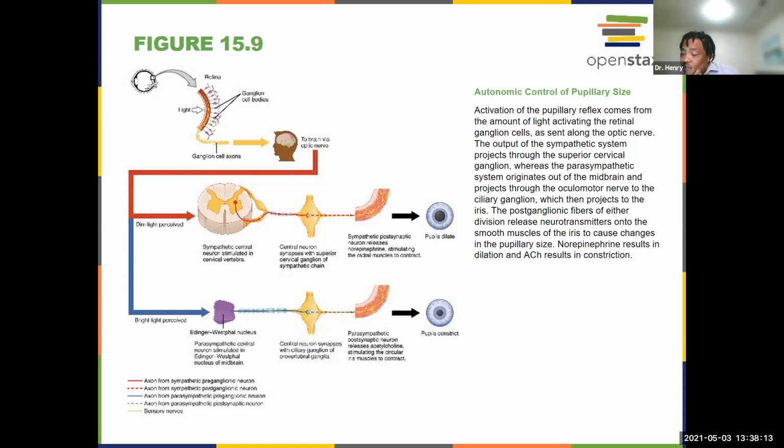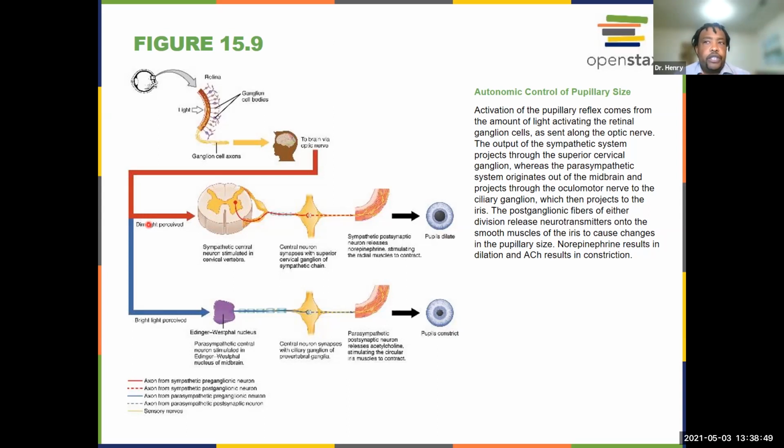Okay. So an example is the control over pupillary size. If we are receiving light, and it is a very dim light, the sympathetic system is basically going to stimulate the cervical vertebrae.